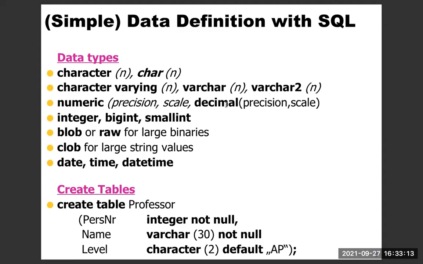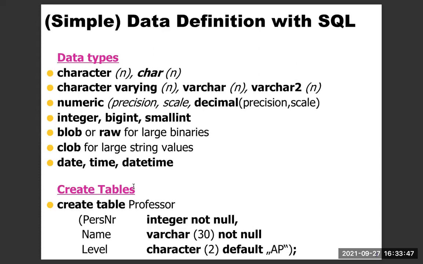Numeric and decimal data types, and integer data types: long int, big int, small int, and so on. For dates and times, different vendors still have different data types, and when working with date and time we need to pay a lot of attention to details.